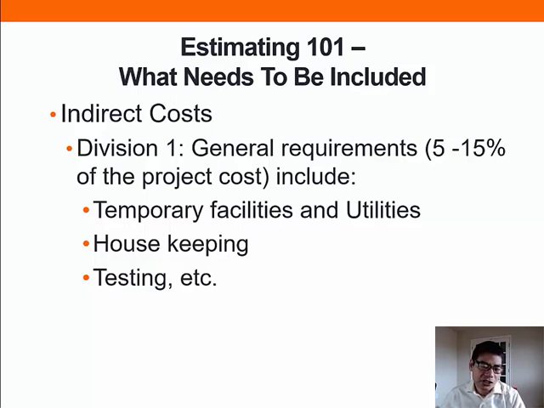Those terms can be used interchangeably. General requirements typically support on-site construction activities, including temporary facilities such as job trailer, temporary roads, and on-site workshops, and also including on-site utilities, housekeeping, and material testing, etc.